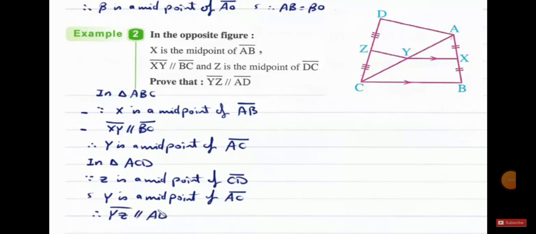Example: in the opposite figure, X is the midpoint of AB and XY is parallel to BC, and Z is the midpoint of DC. Prove that YZ is parallel to AD. As we see, in triangle ABC, X is the midpoint of AB and XY is parallel to BC, then we can say Y is the midpoint of AC, then XY is half BC.